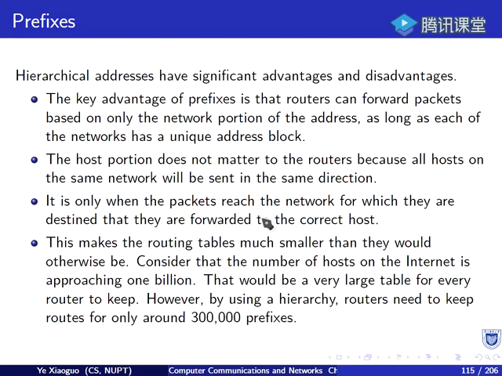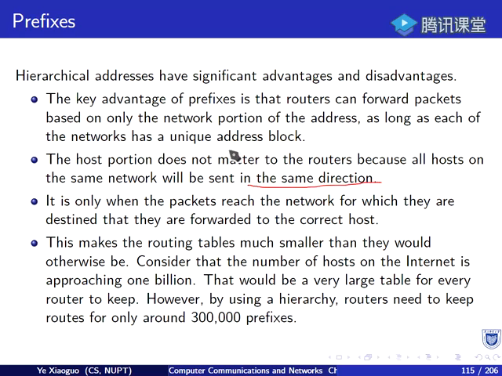Hierarchical addresses have significant advantages and disadvantages. The key advantage of prefixes is that routers can forward packets based on only the network portion of the address, as long as each of the networks has a unique address block. The host portion does not matter to the routers because all hosts on the same network will be sent in the same direction.